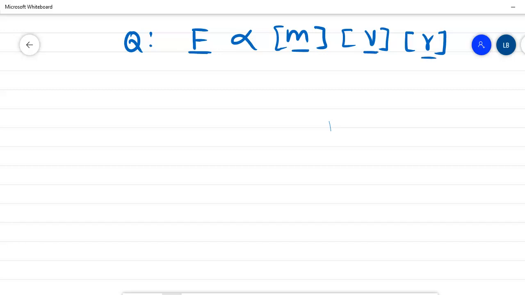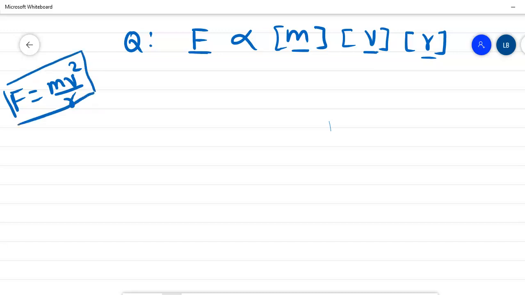So before solving, I'm writing the formula. It is a well-known formula, F equal to mv square by r. This is what I'm going to obtain. In the question they will simply ask: the centripetal force depends on the mass, depends on the velocity, depends on the radius of the circular path, then find out a relation between them.